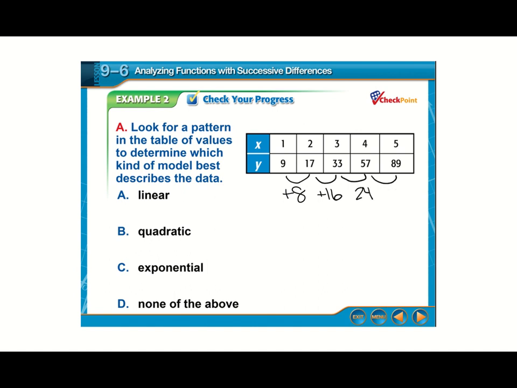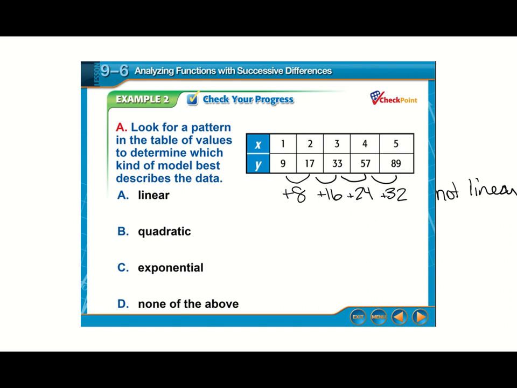And from 57 to 89, you're going up 32. So clearly that is not linear, okay? Because the first differences are not the same, it is not linear. Now, are you multiplying by the same thing? No, because 9 times nothing gives 17, except 17 over 9. Anyway, it doesn't give you that.